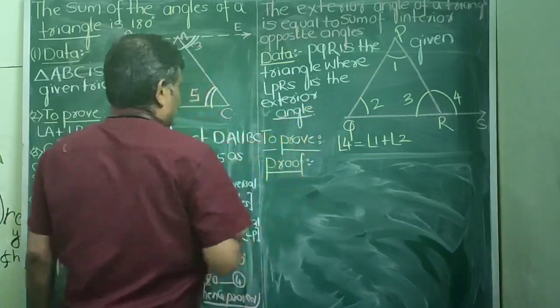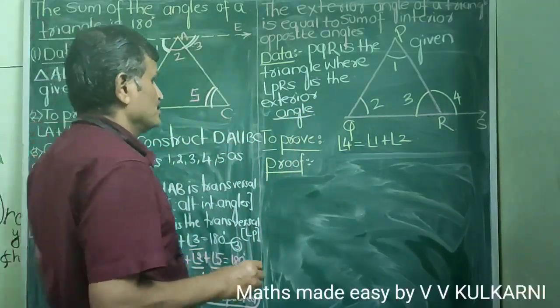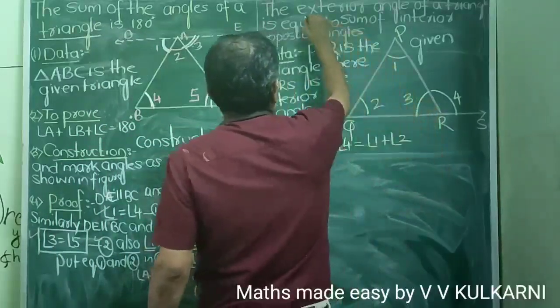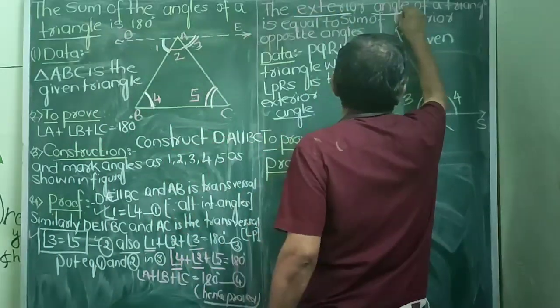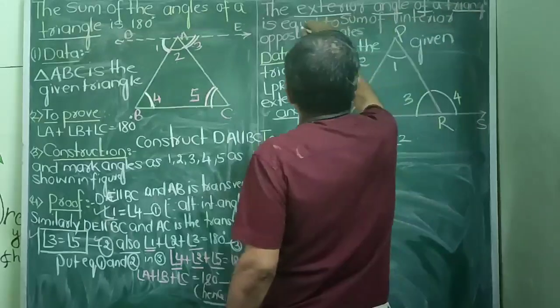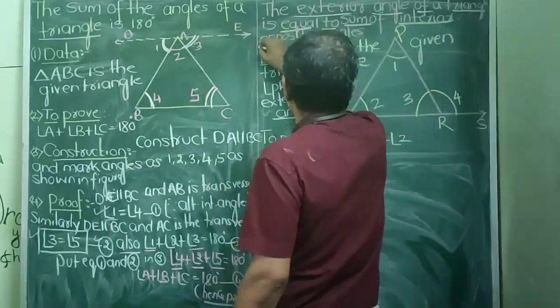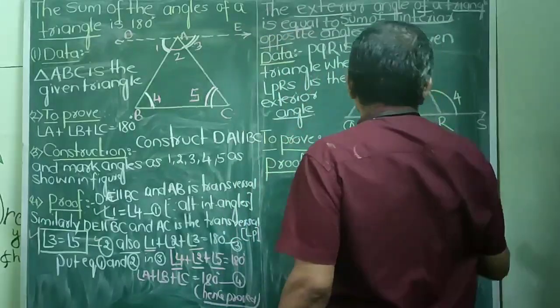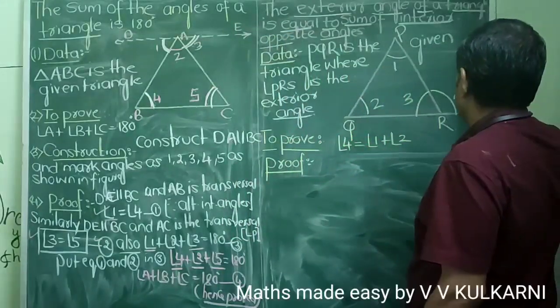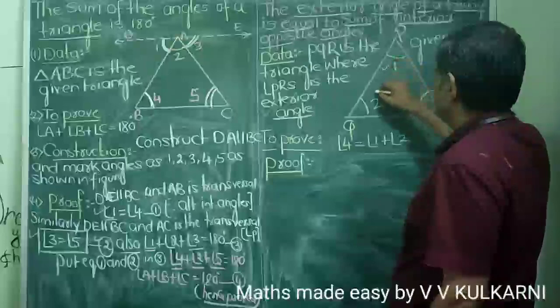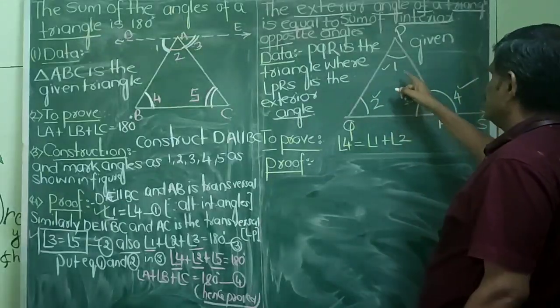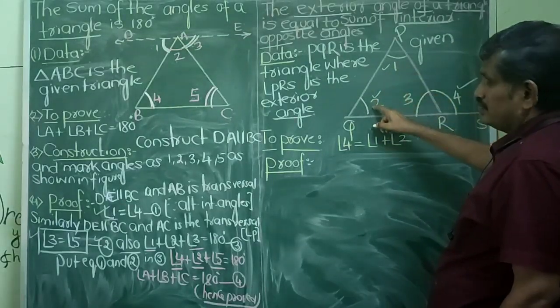Now here what I should prove is, the exterior angle of a triangle is equal to the sum of interior opposite angles. So you can see here, this is the exterior angle and these are the interior opposite angles. Interior means it is inside, and also on the opposite side.